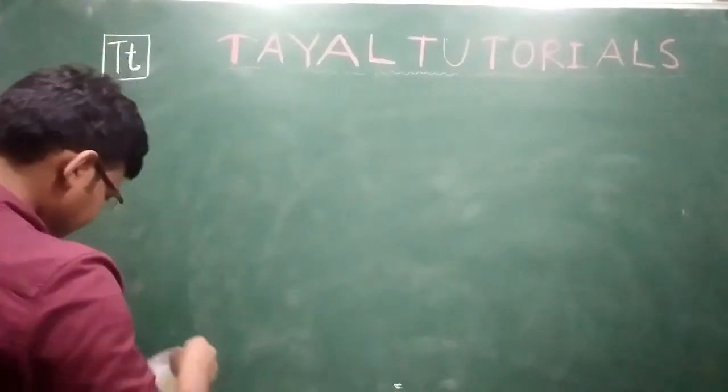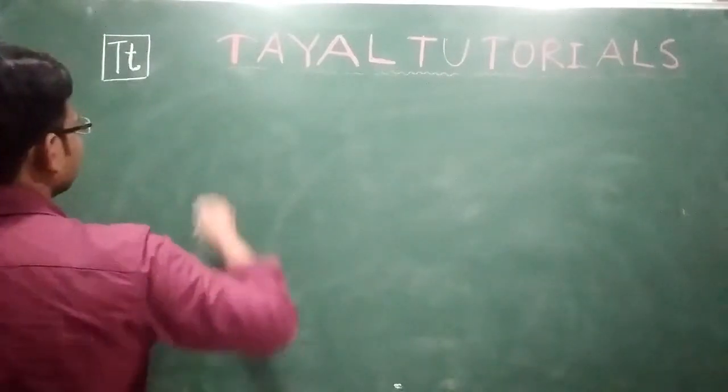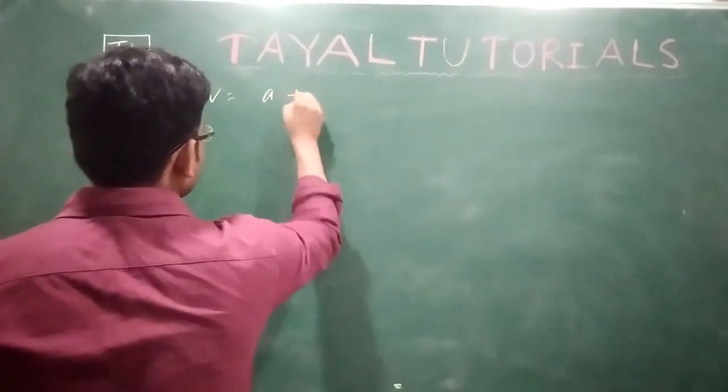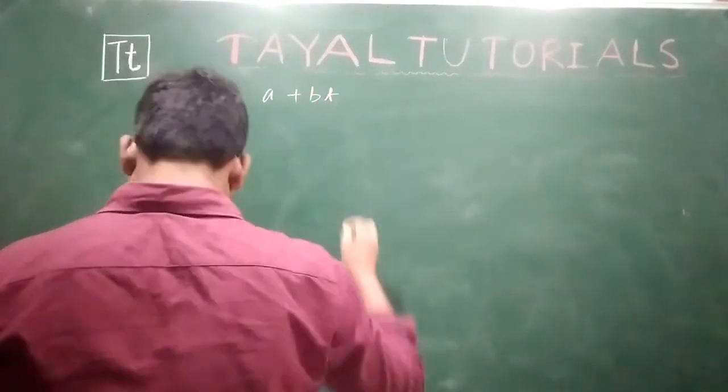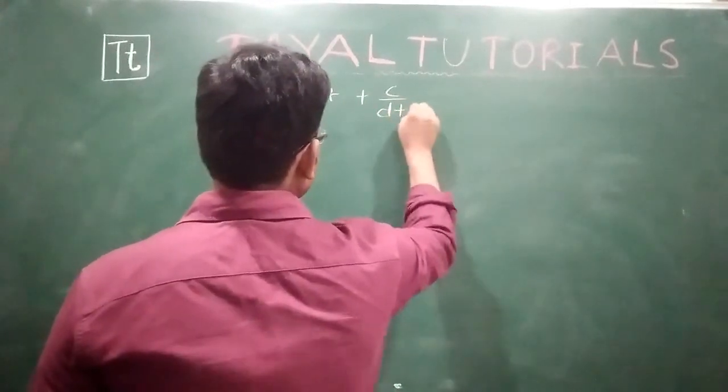Let's solve this. They have given the equation velocity v is equal to a plus bt plus c by d plus t.